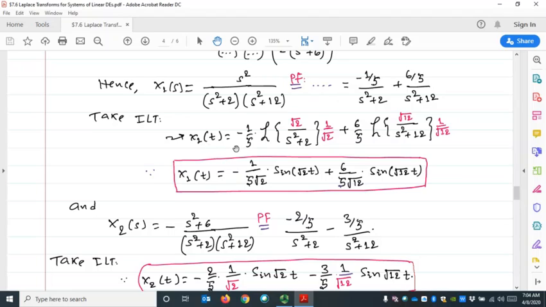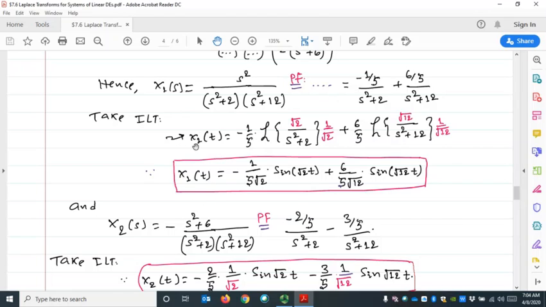So little x1 equals negative 1/5, a constant as it is. To compute the inverse Laplace transform of 1 over s squared plus 2, we have to manipulate it: multiply by radical 2, divide by radical 2. For the second one, we do the same: modify it by multiplying by radical 12 and dividing by radical 12.